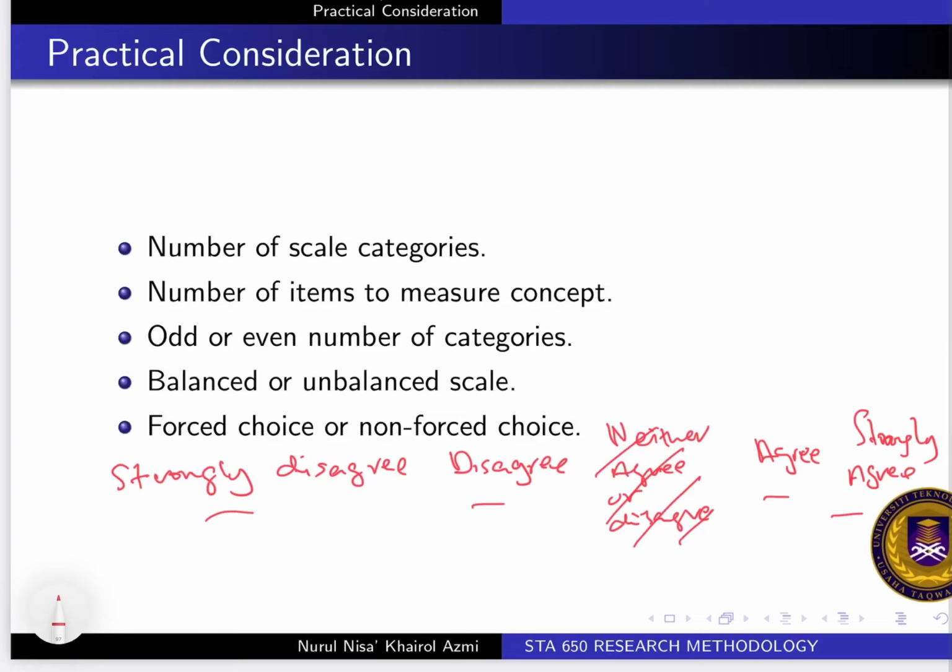In a non-forced choice, the respondent has an option to not agree and not disagree, or may also have another option: no opinion, not sure, or do not know. So that is non-forced choice. But normally it will be better if we have a forced choice, so that we can get a strong opinion from our respondents.